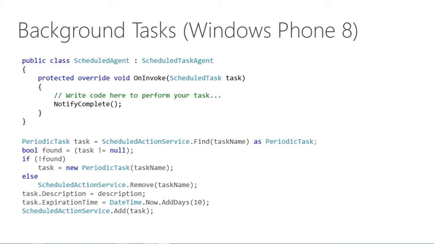And so then I create my new task with the description, whatever that might be, the expiration time, in other words, how long that task will run for, and then I would add that using the ScheduledActionService, and then the task will run based on whatever the operating system decides. On Windows Phone, for instance, it runs every 30 minutes for a certain number of seconds so that you can do things in the background on a regular basis.